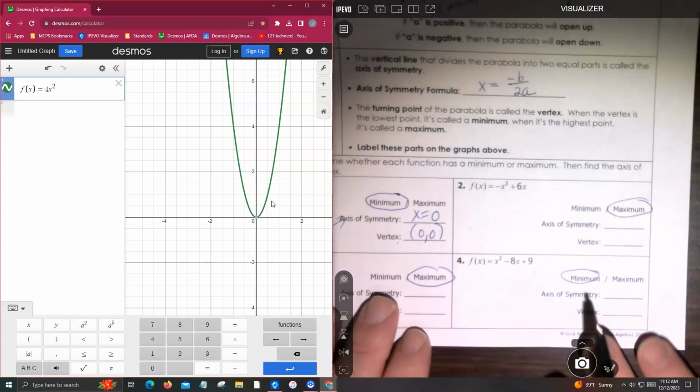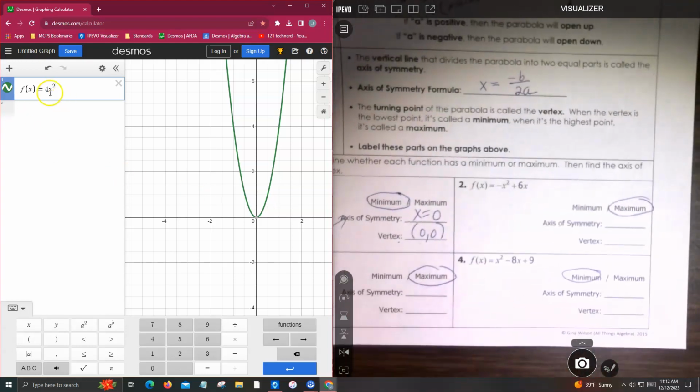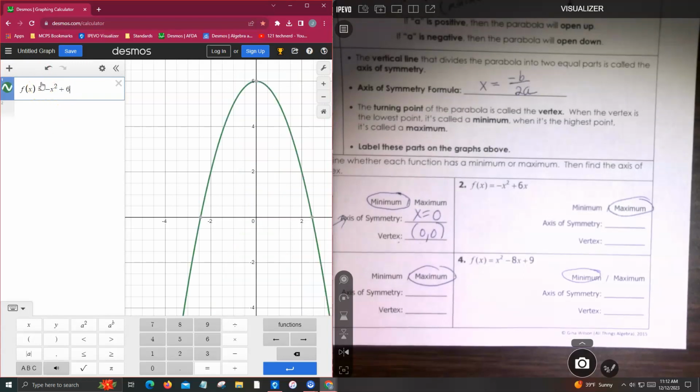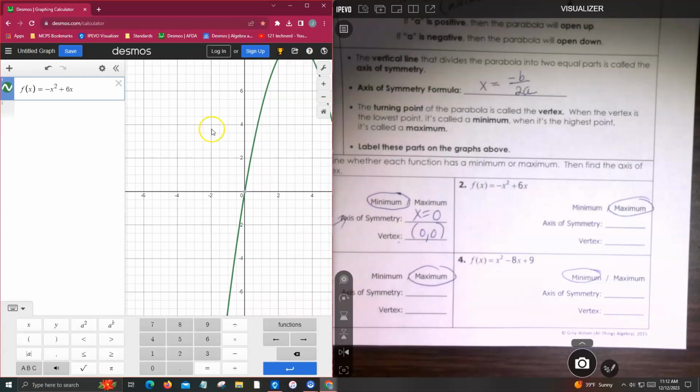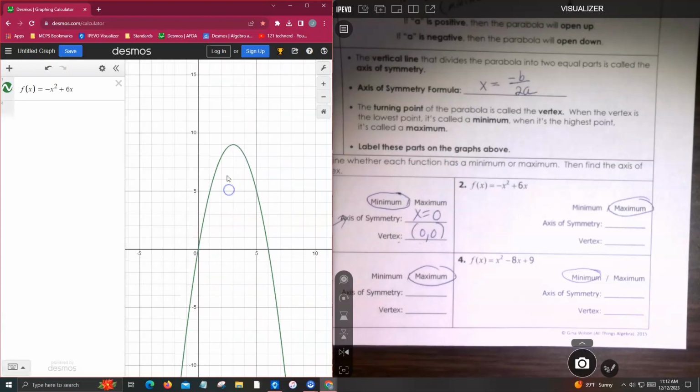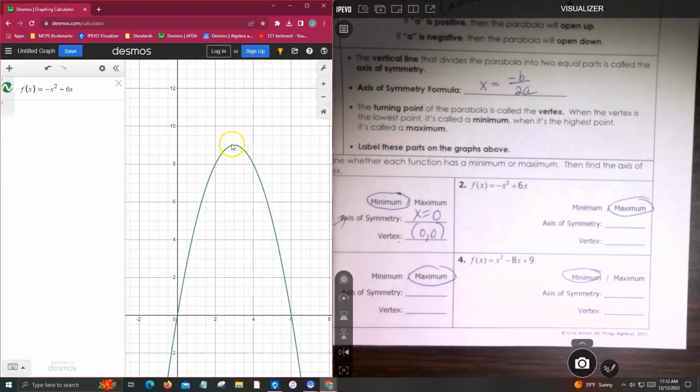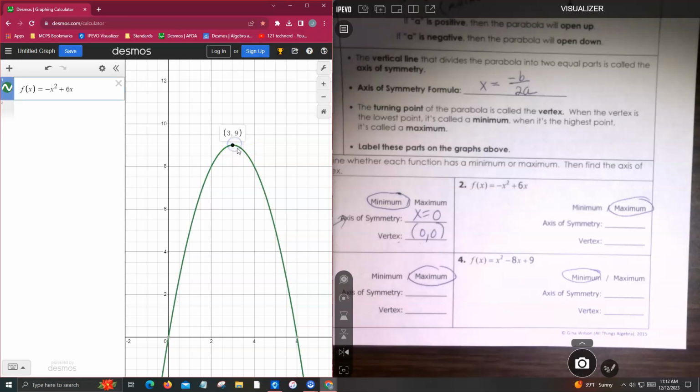All right, so let's do number 2. Let's punch that in. Again, I'm kind of editing, so I don't have to put x squared a gazillion times. All right, plus 6x. All right, so got to zoom out a little bit. Okay, so my vertex, let's see, it looks like this guy right here, 3, 9. Okay, it looks like 3, 9. All right.